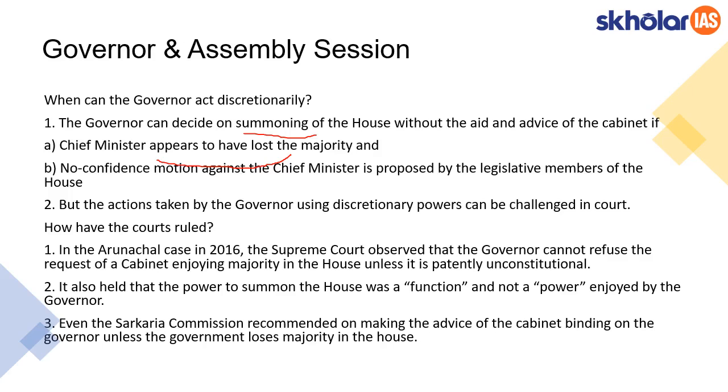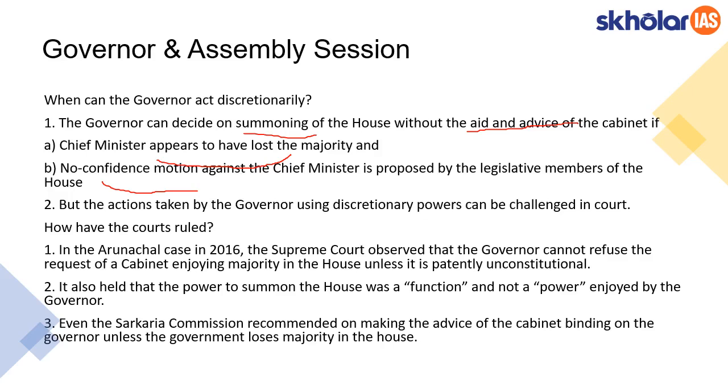And also if a no confidence motion has been proposed against the chief minister, it doesn't even have to be passed, because once it is passed, the chief minister no longer holds office. So if a no confidence motion is proposed in the legislature and is pending, then also the governor can act on his discretion, and he doesn't have to go by the aid and advice of the cabinet.